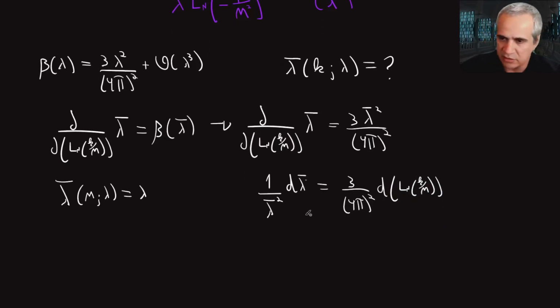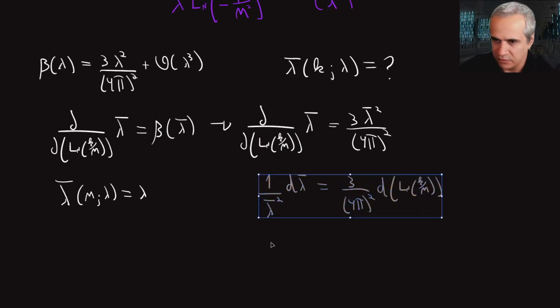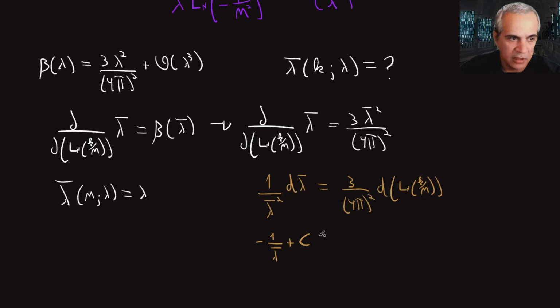This is just minus 1 over lambda bar plus some integration constant. It's equal to 3 over 4 pi square log of k over m.